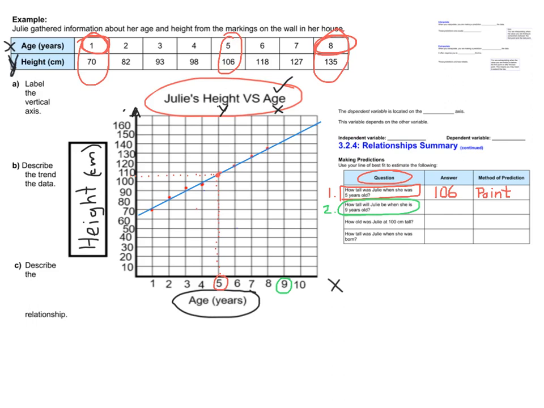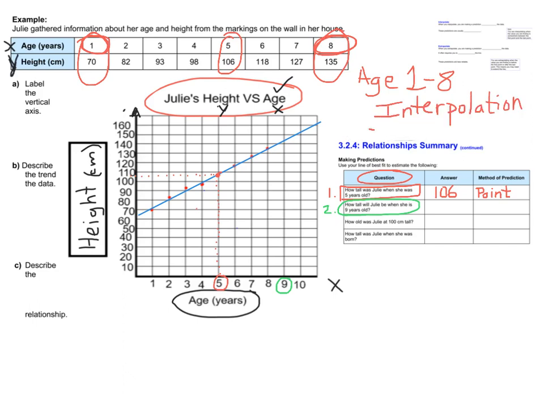Anything within that information from age 1 to age 8 is actually called interpolation. And it's called interpolation because it is within the data that they give us. They give us data ranging from age 1 all the way to age 8. That's the only data we have on this girl, Julie.